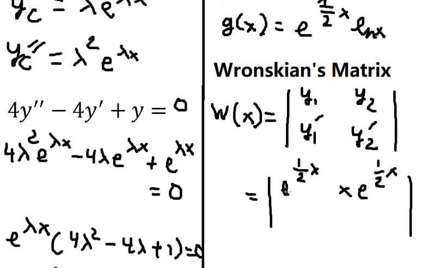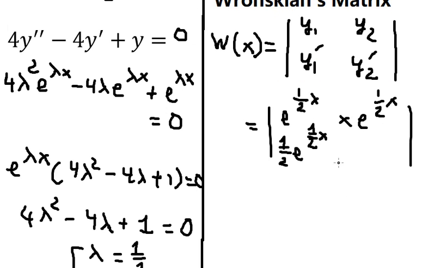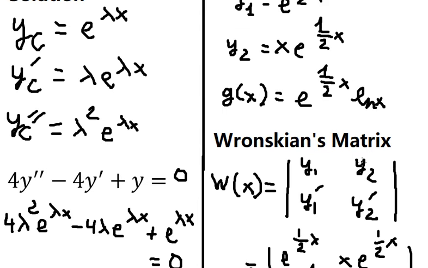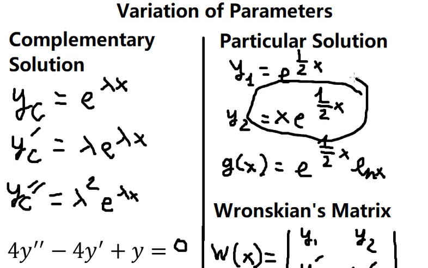Now if we do the first derivative of this one, we have 1 over 2 e to the power of 1 over 2 s. If we do the first derivative of this one, we have e to the power of 1 over 2 s plus 1 over 2 s e to the power of 1 over 2 s.